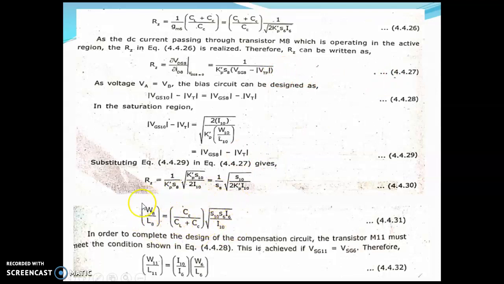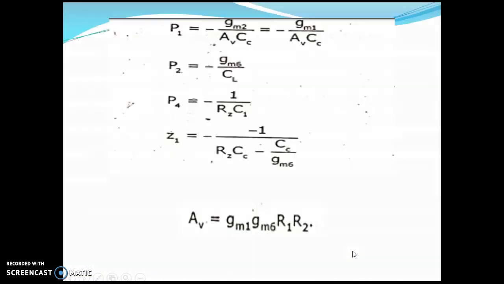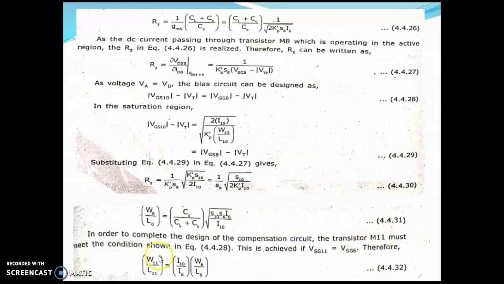You can take down this equation, and this condition is achieved when the source to gate voltage of the M11 MOSFET is equal to the source gate voltage of the M6. Here this is width by length. Already you know the CMOS equation for the W by L value. So width by length for the current of that particular transistor, the suffix indicates that particular transistor's values.